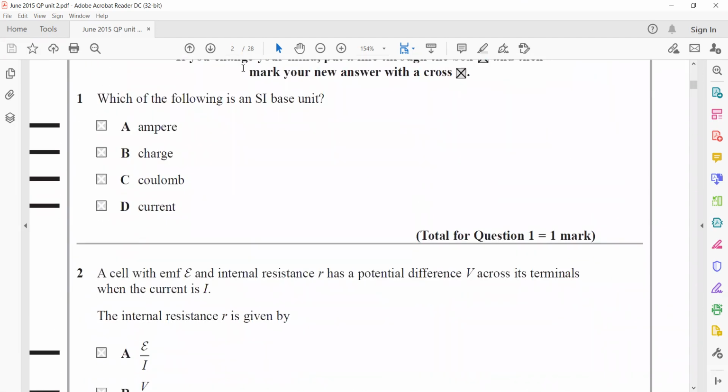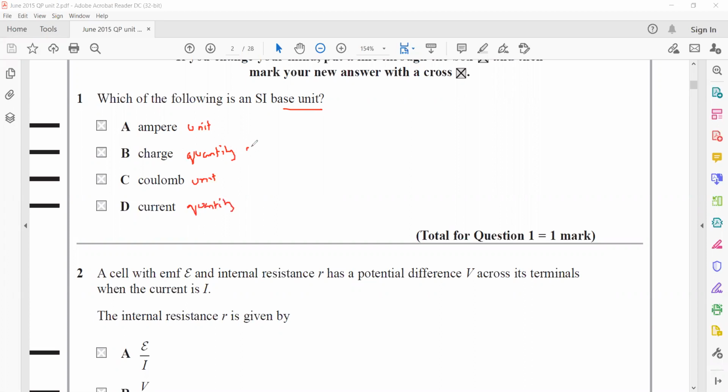So, the first question, which of the following is an SI base unit? Ampere is a unit, and charge is a quantity. Coulomb is a unit, and current is a quantity.